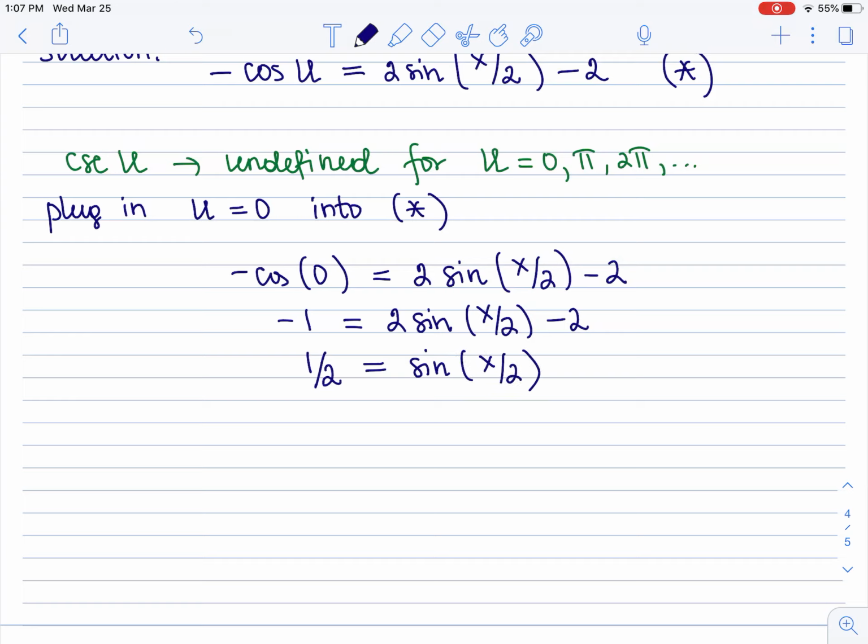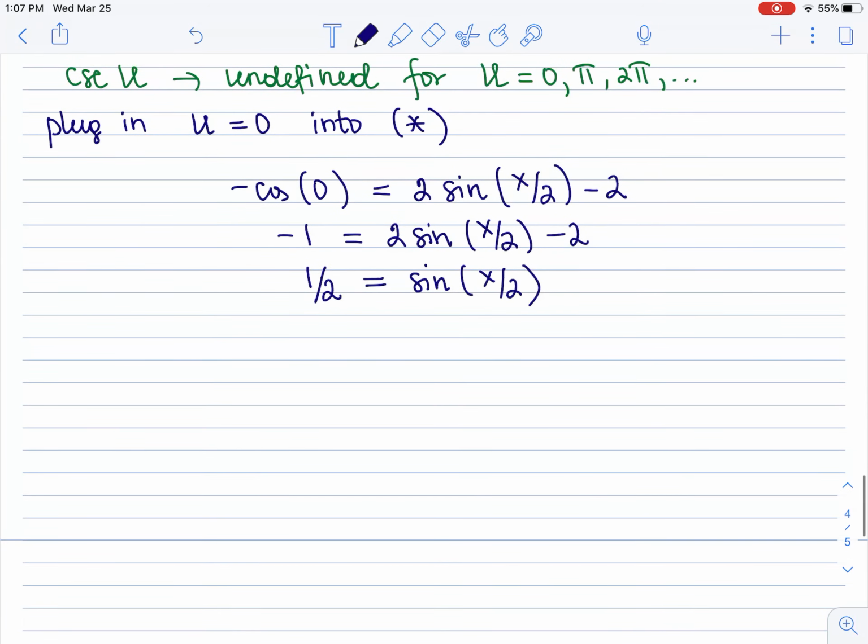Sine of x over 2 is 1/2, which means x over 2 is equal to what? For which angles is the value of sine equal to 1/2? One of them is pi over 6, and another one is 5 pi over 6. But this is x over 2, and we need to solve for x.